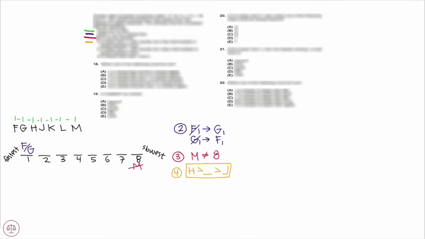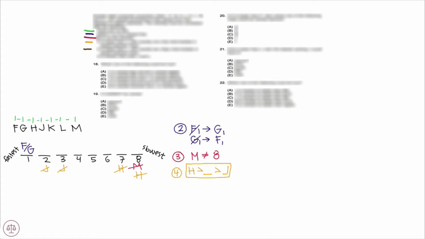So J can't be second or third, because if J was third, we would technically have our intermediate chip, but then where would H go? Likewise, if J was second, there would be no place for our intermediate chip or for H. Similarly, H can't be 8th and H can't be 7th because there needs to be room for the intermediate chip and J.